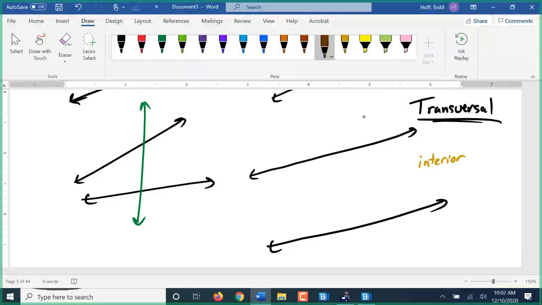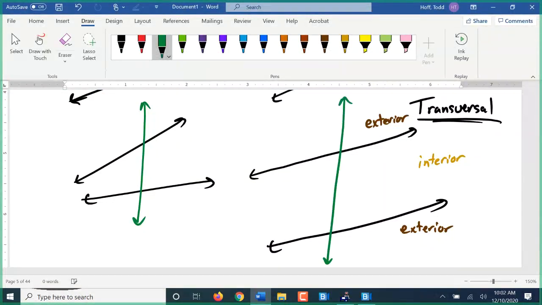Any angle formed outside is said to be exterior, because it's outside of those parallel lines. So if we have a transversal cutting across here, these four angles are exterior angles. These four angles are interior angles.